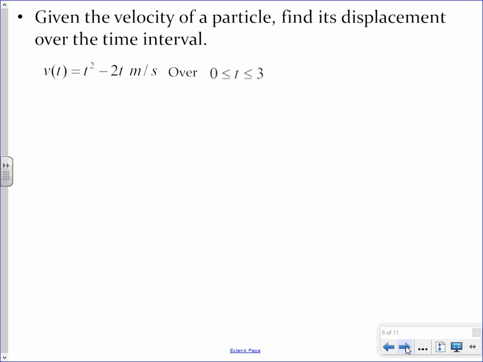Okay, so this is the example we're going to do regarding displacement. I'm giving you the velocity is t squared minus 2t meters per second, and I want to know the displacement over the interval 0 to 3.